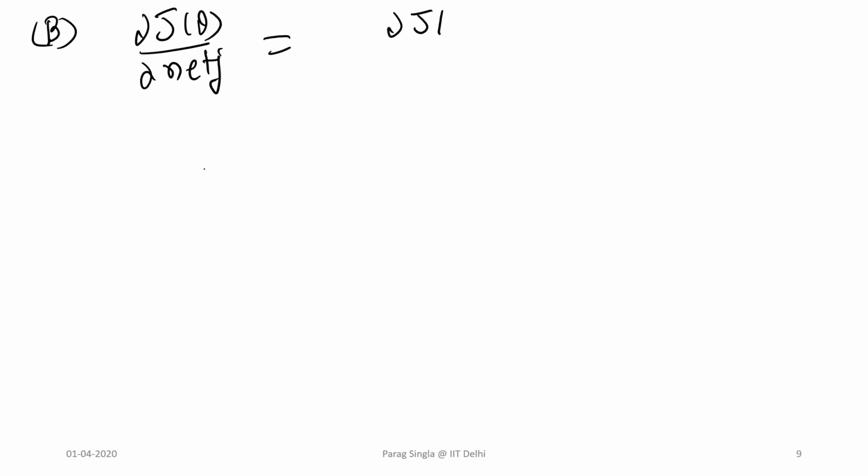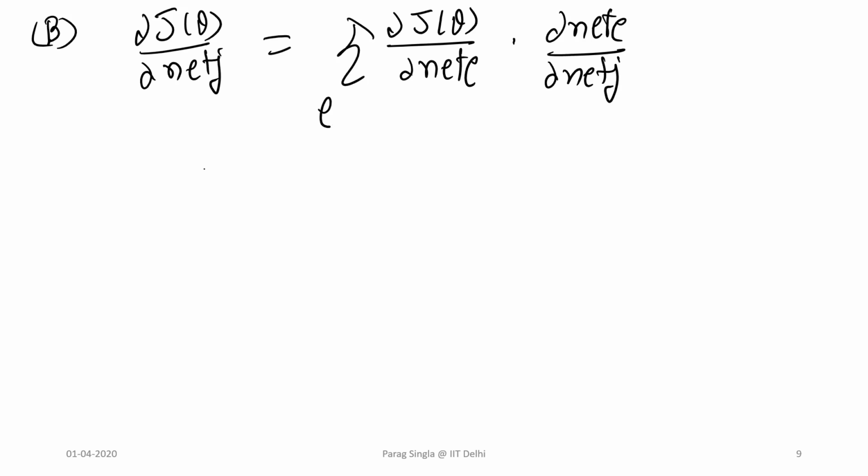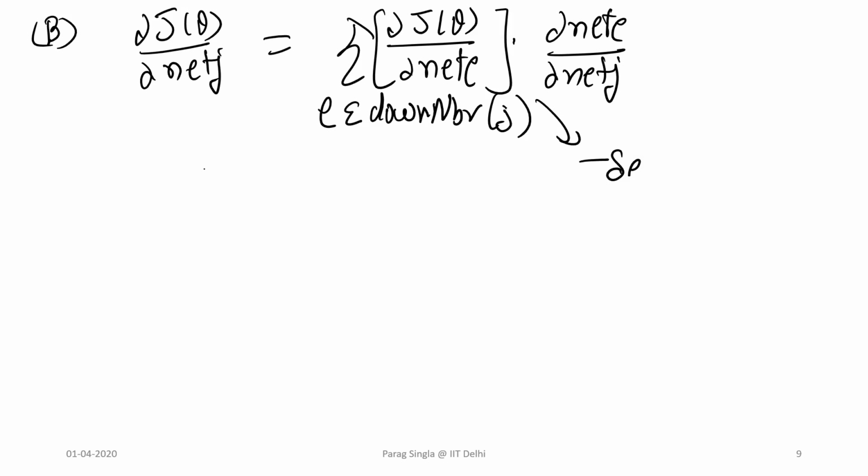Okay, so bringing the pieces together, for part B, hidden layers, delta J theta with respect to delta net J can be given as delta J theta over delta net L into delta net L over delta net J, summation over L belonging to down neighbors of unit J, and this quantity we know is minus delta L, and this is the quantity that we just computed and is given by theta LJ into OJ into 1 minus OJ.